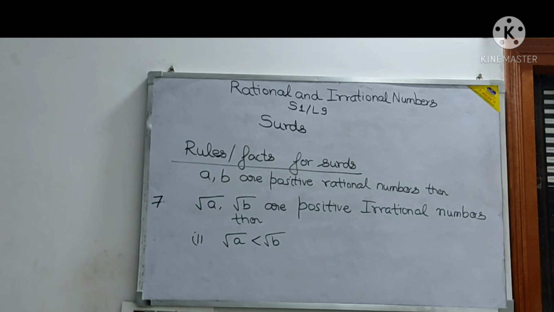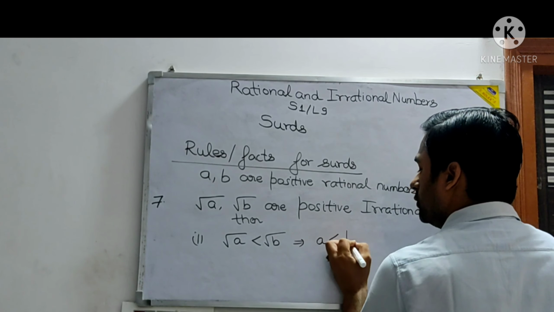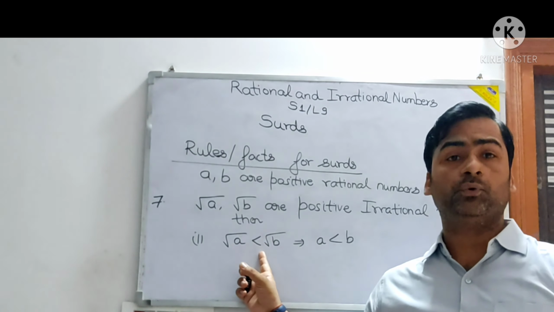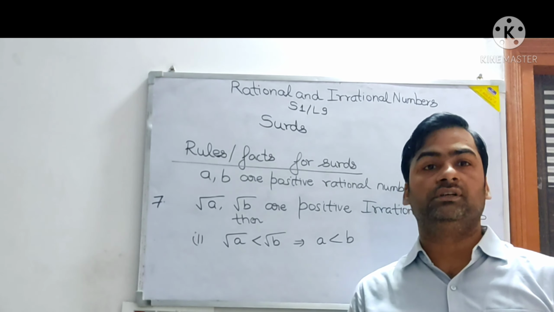If root B is more than root A, then we can say that B also will be more than A. If you remember this point, we just discussed it when inserting irrational numbers.